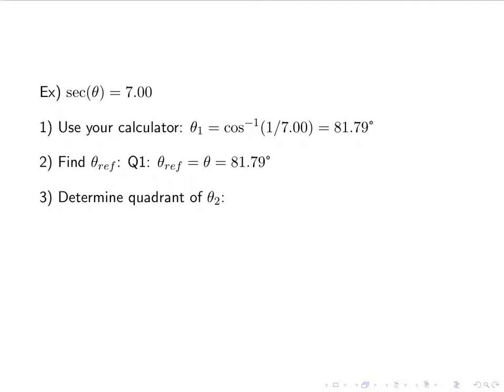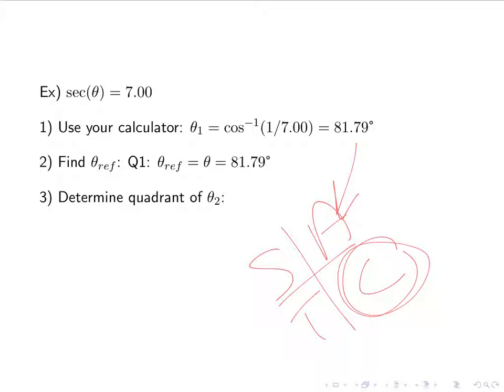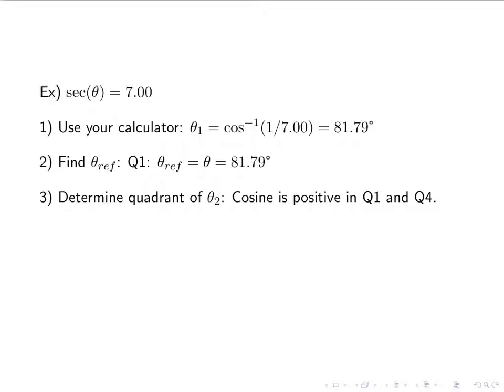So they have the same sign because they're reciprocals of each other. So cosine is positive in quadrant 1, which we already have, and quadrant 4. And the quadrant 4 equation is theta is 360 minus our reference angle. So we get 278.21.